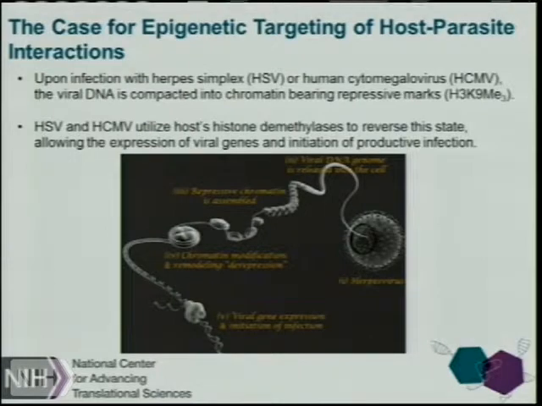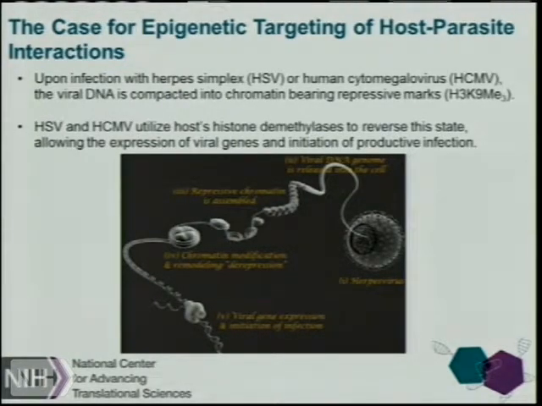So Thomas Christie's lab has studied herpes virus and related viruses, and they've determined that this is a DNA virus which, upon infection, forms chromatin-like structures. Its DNA is compacted and, of course, carries the repressive histone marks like H3K9 trimethyl.